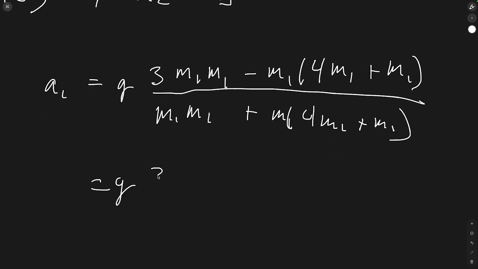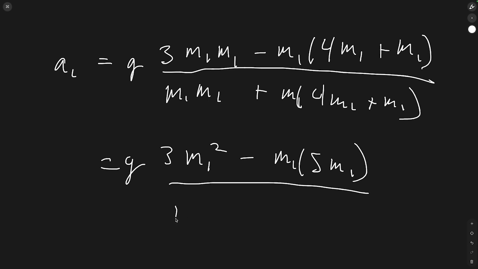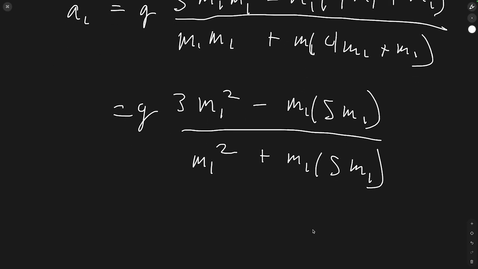This is going to be 3M1 squared minus M1 times 5M1 over M1 squared plus M1 times also 5M1, okay?